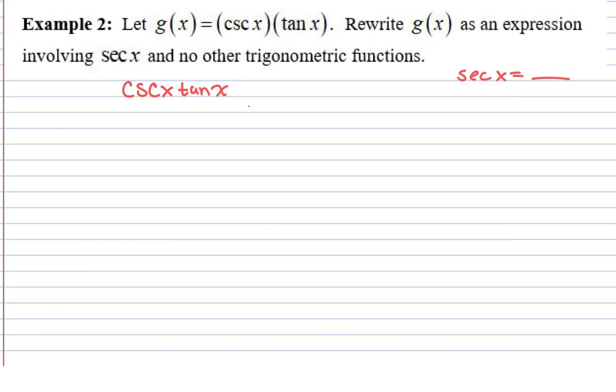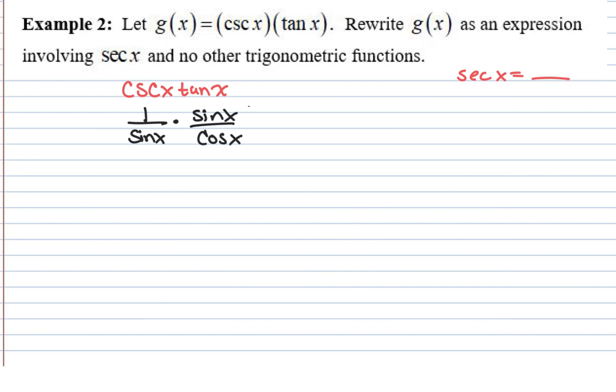For this problem, they want us to write it as just a secant. So honestly, it's easier if you write everything in sines and cosines. It just makes it easier to simplify and cancel things out. Cosecant, we know it's the same thing as 1 over sine of x. And we know that tangent is the same thing as sine of x over cosine of x.